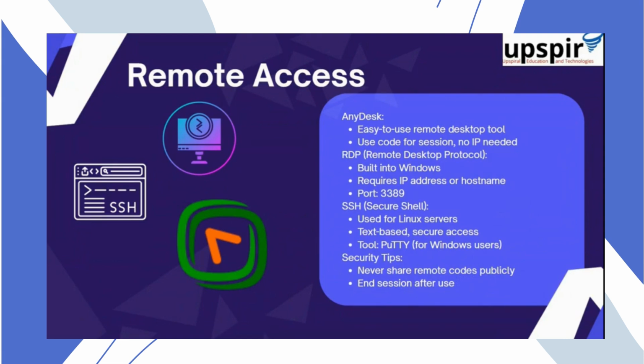If you are working from different offices which don't have a direct connection, you will use things like AnyDesk. But if both machines can connect directly, then you can use things like RDP, which is Windows Remote Desktop. So one Windows machine can take access of another Windows machine using RDP.